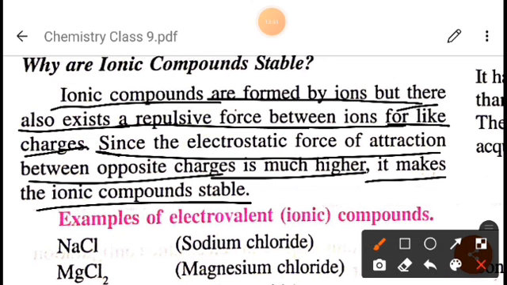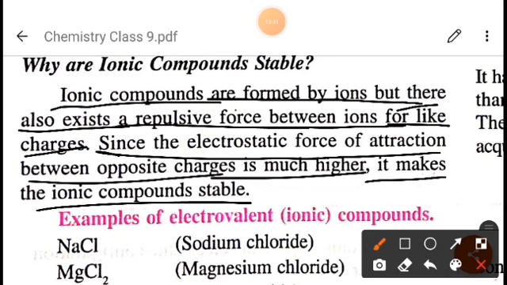So the electrostatic force of attraction between opposite charges is much higher, and since it is higher, the ionic compounds are stable.